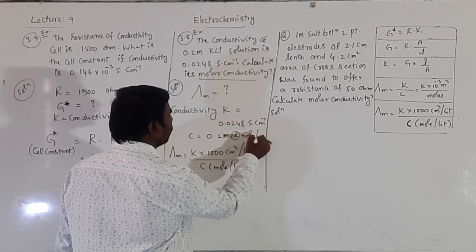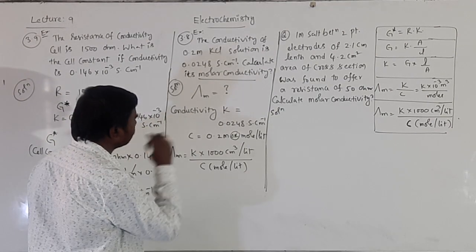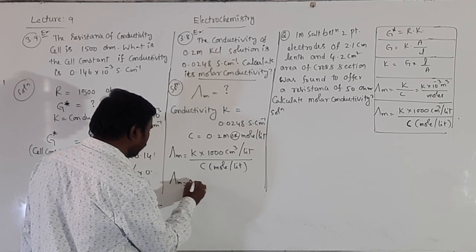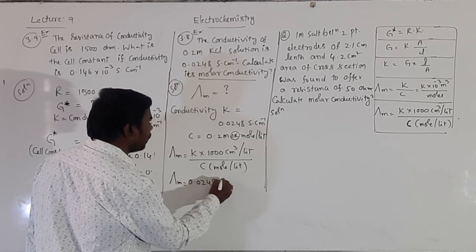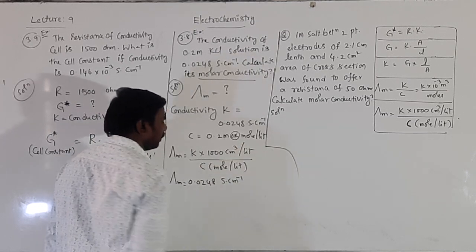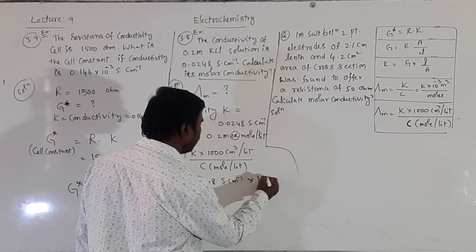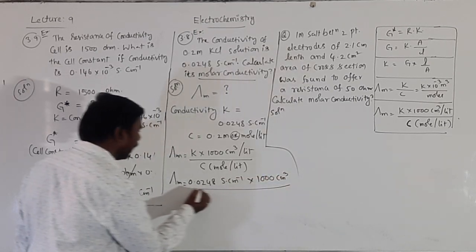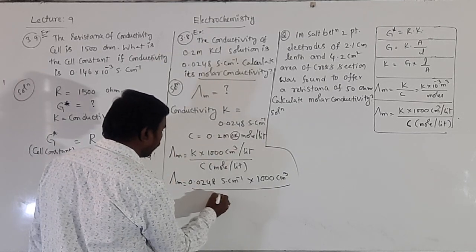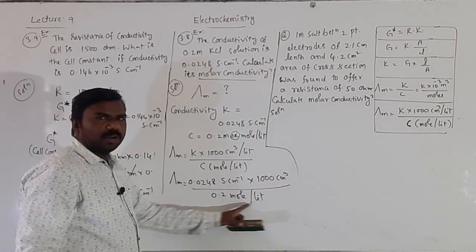Substitute all values in this. Lambda m is the question. K will be 0.0248 Siemens centimeter inverse into 1000 centimeter cube per liter by concentration 0.2 mole per liter.